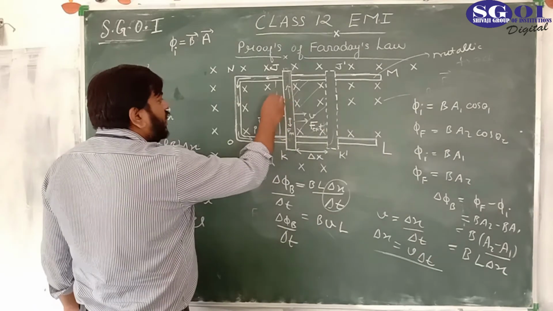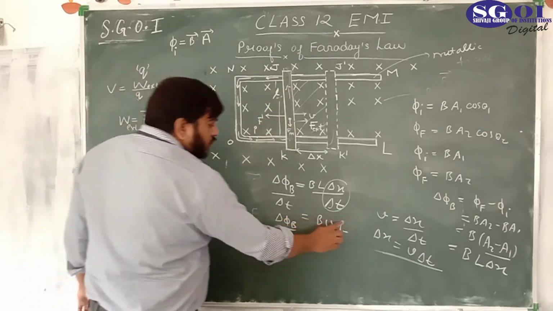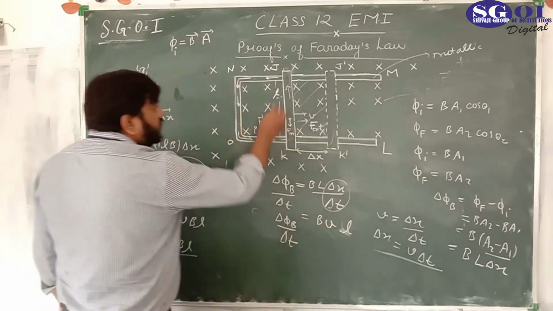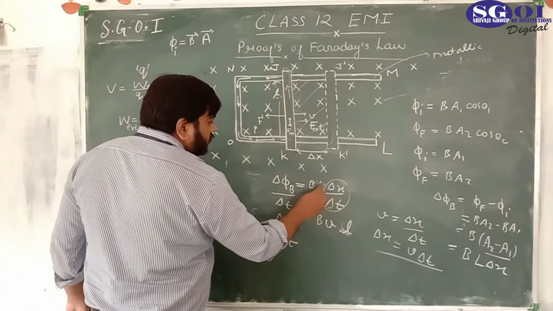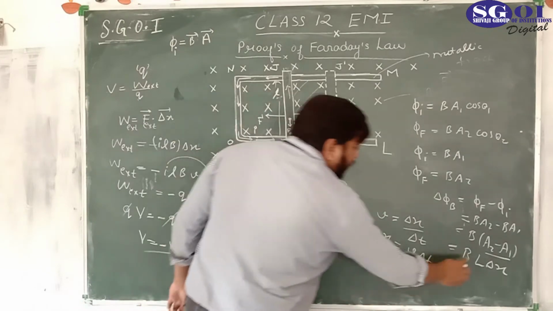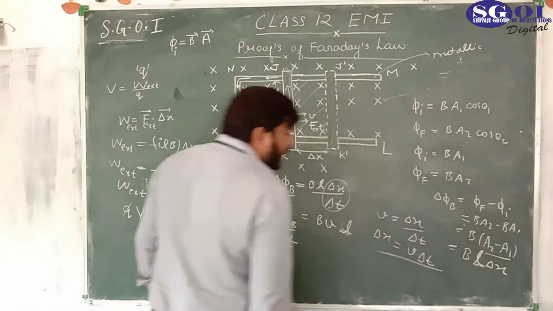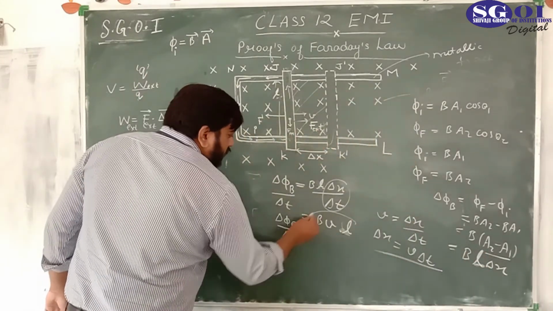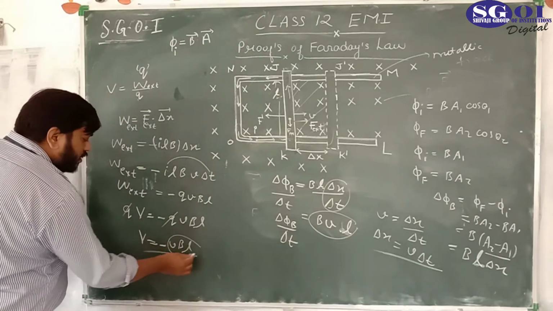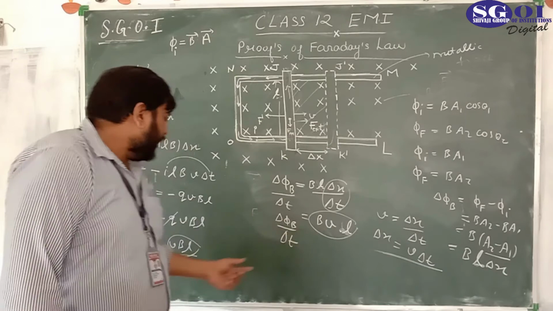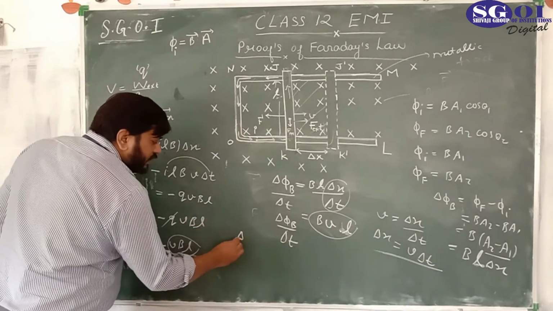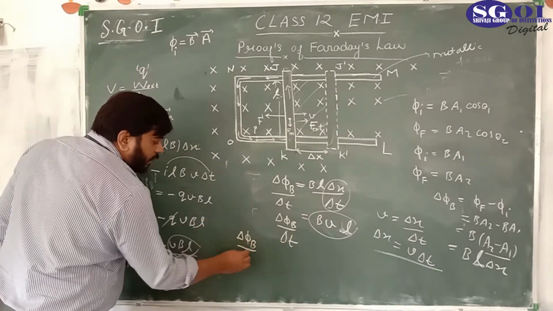This distance is small l, the length of this rod. So this is B v l, and we can write it as minus V equals delta phi B upon delta t.